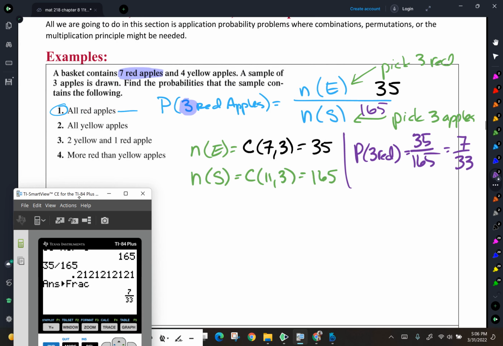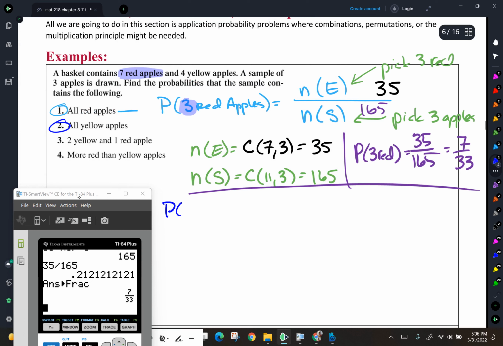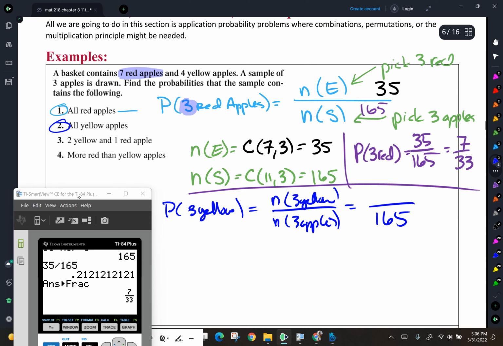All right, that's number 1. Let's take a look at number 2. Number 2 says they're all going to be yellow apples. So the probability of 3 yellow apples is going to be the number of ways to pick 3 yellow over the number of ways to pick 3 apples. I already know the denominator because I already figured it out. There's 165.